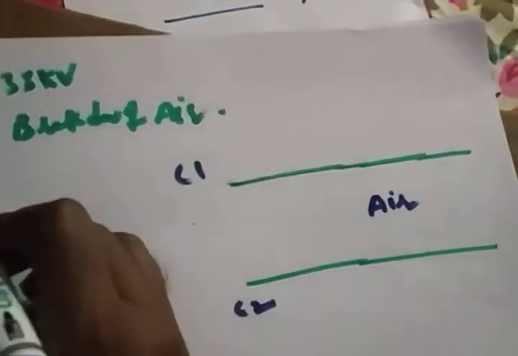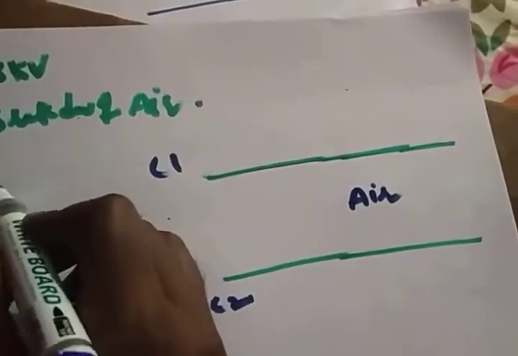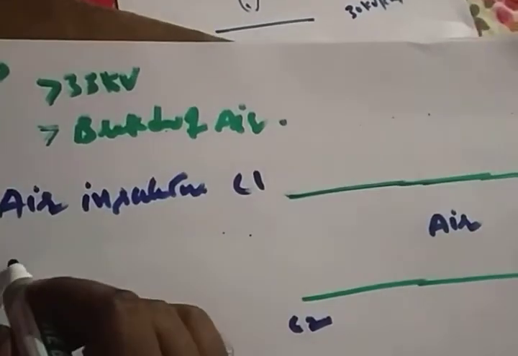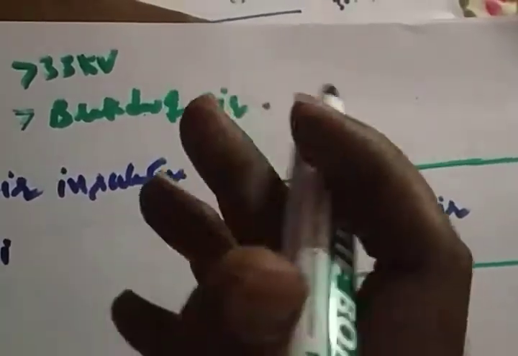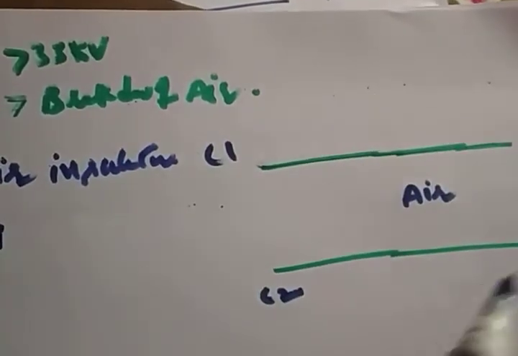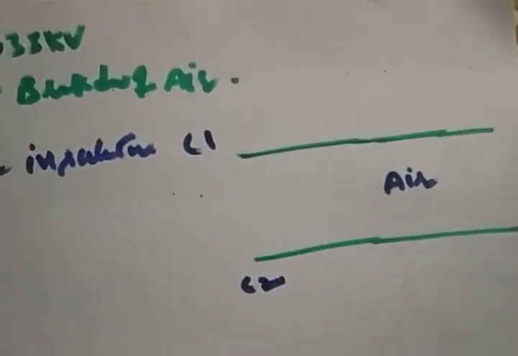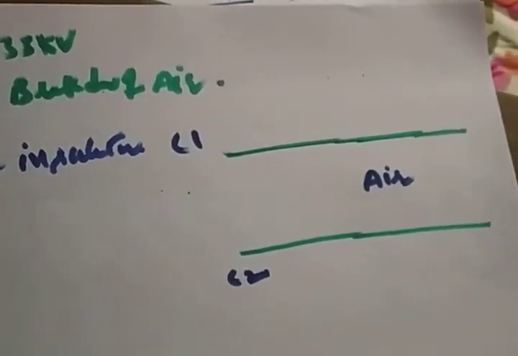This air will act as an insulator between the two conductors. So the dielectric strength tells at what voltage it acts as an insulator; if it crosses, it acts as a conductor also, right?